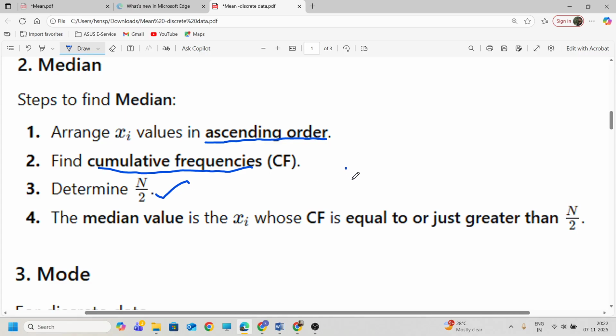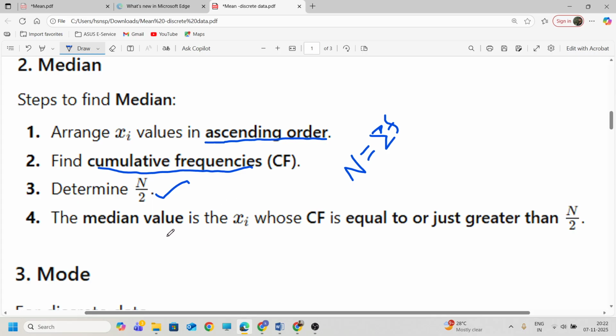N means the total number of frequency. Summation of f is called n, right? So the total of frequency divided by 2 we have to determine.